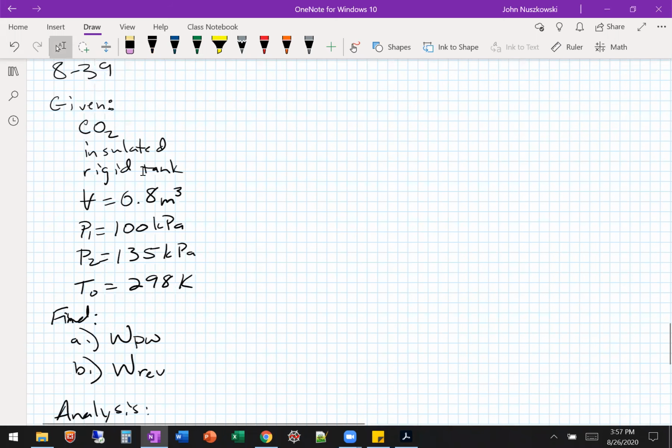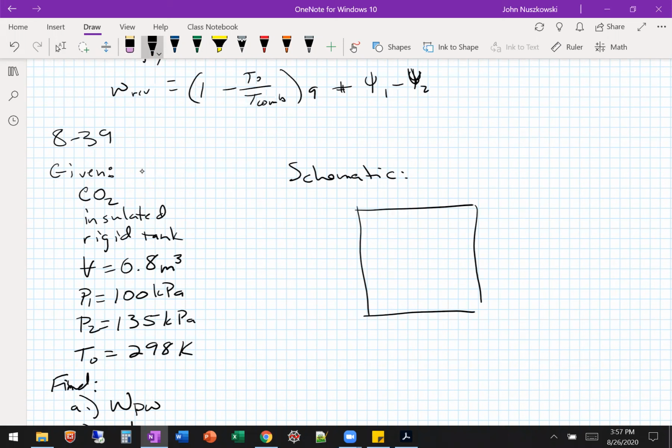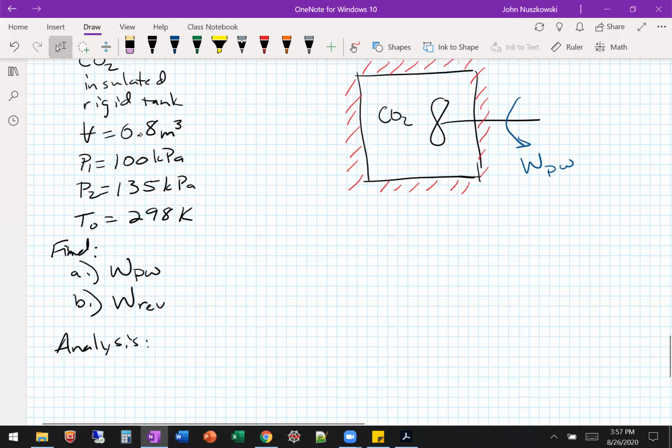All right, so let's do our schematic. We've got my beautiful rigid tank, with paddle wheel work, and it's insulated. We have CO2 inside here. Assumptions.